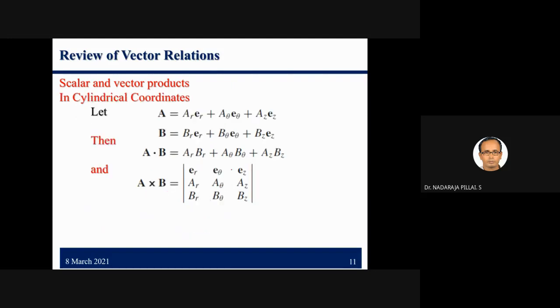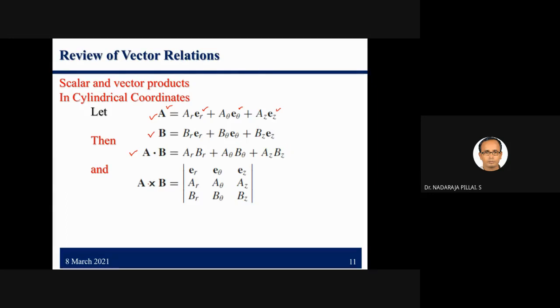Now let us consider the cylindrical coordinate system. In the cylindrical coordinate system, as we know, we represent r, theta, and z. So the A vector can be defined and the B vector can be defined, and their scalar product is ArBr plus AθBθ plus AzBz.